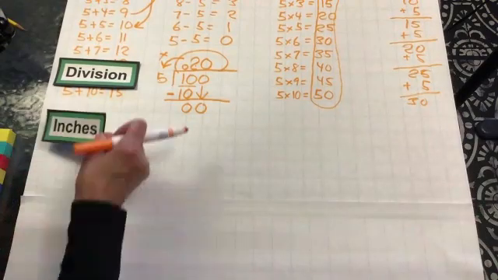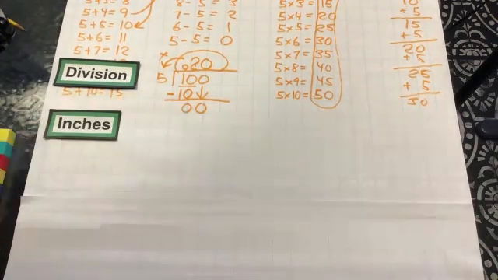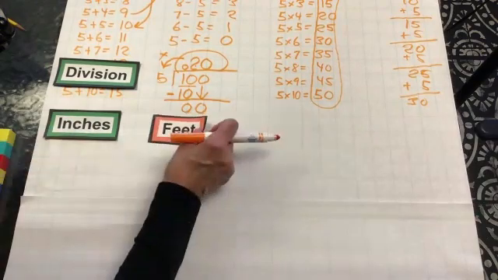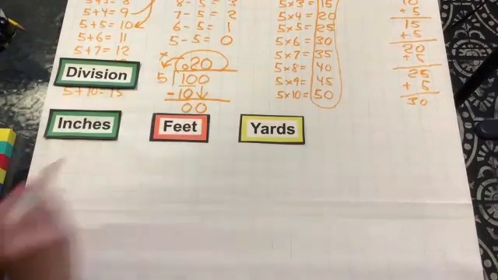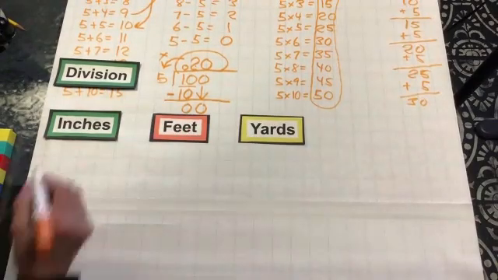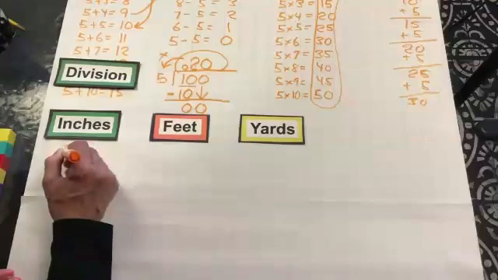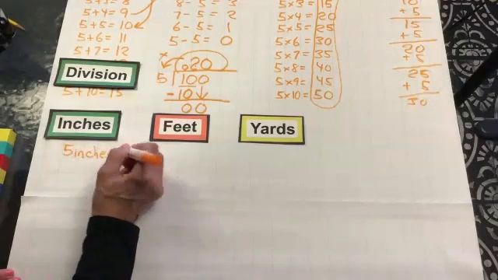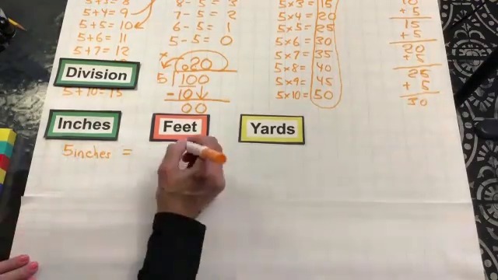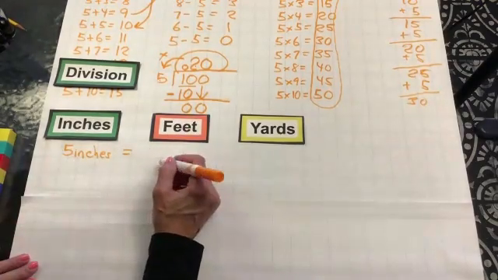All right, let's go to our measurement. And we know that inches, feet, and yards are the standard form. We're talking today about 5 inches. And it takes 12 inches to make a foot.